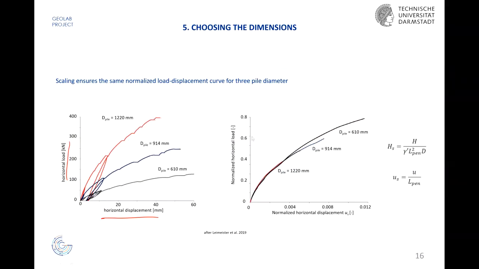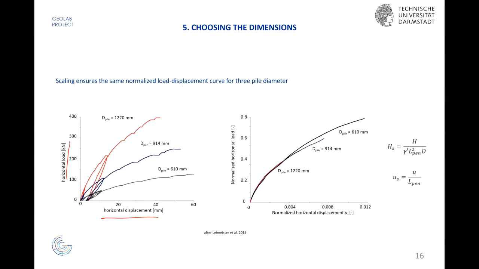Okay, this is expected. But now, which is nice, if you compare them to the normalized horizontal load according to this equation here, and you put it in relation to the normalized displacement, which is normalized with the length of the penetration of the pile, then you see that all these three piles behave more or less the same.